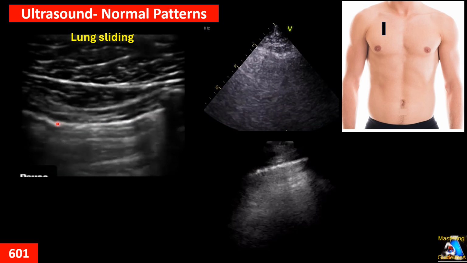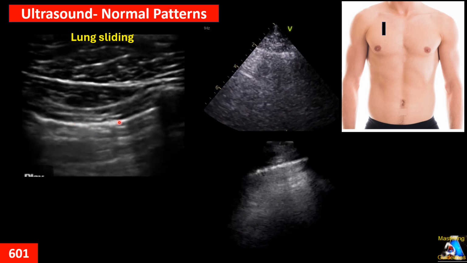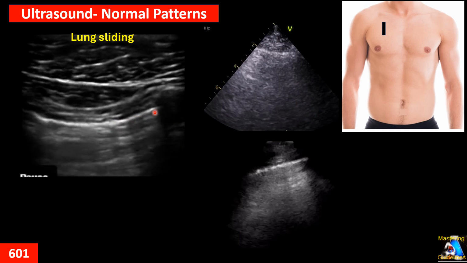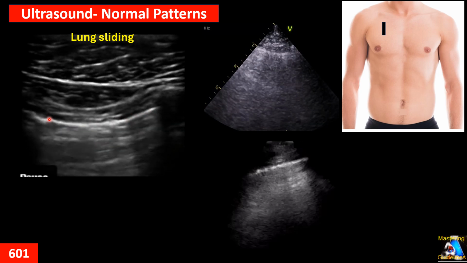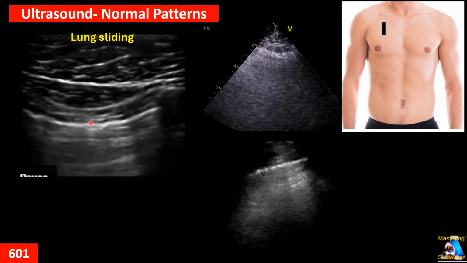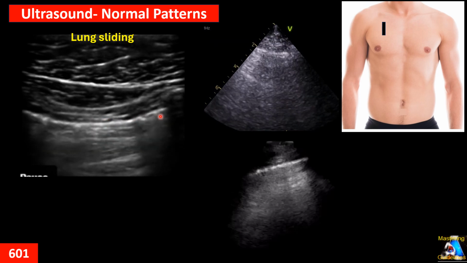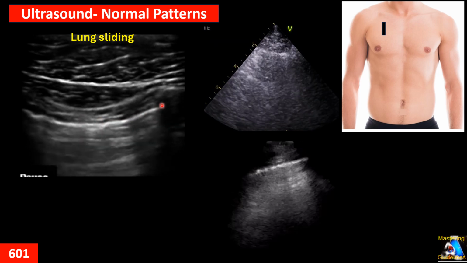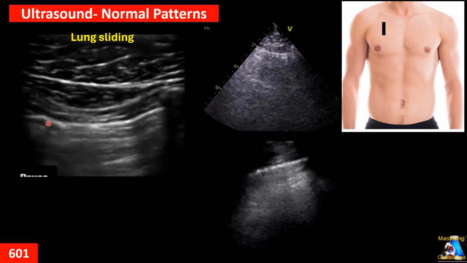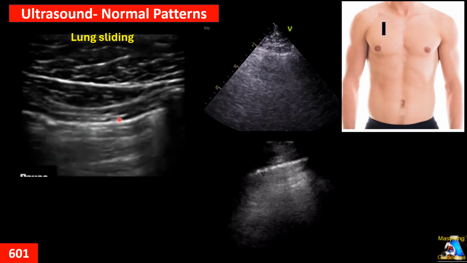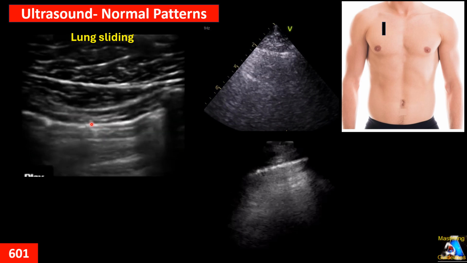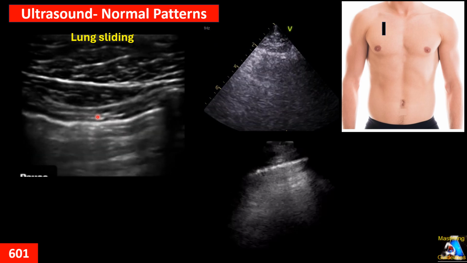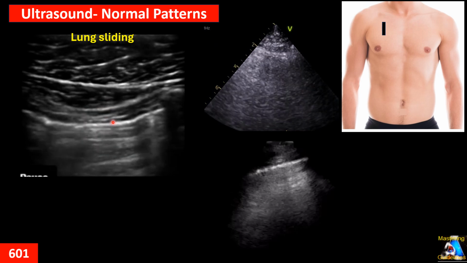And the final structure that we normally can see is the pleura as a hyperechoic line, a curving line, depending on where we are scanning, sometimes this way, but most of the time curving concave, and sliding with breathing, moving back and forth, up and down. This is a normal ultrasound of the chest wall up to the pleura.